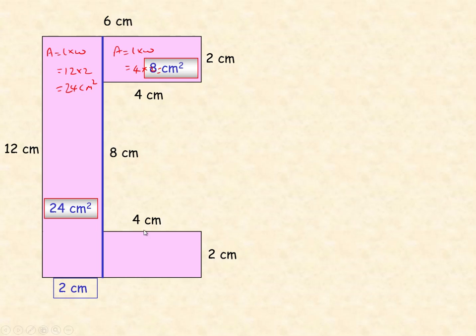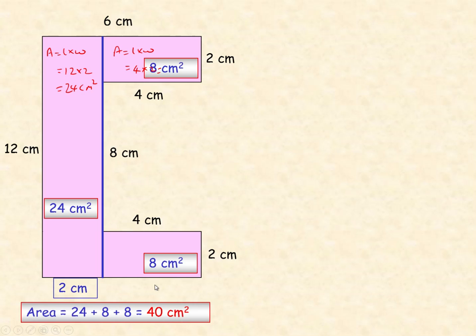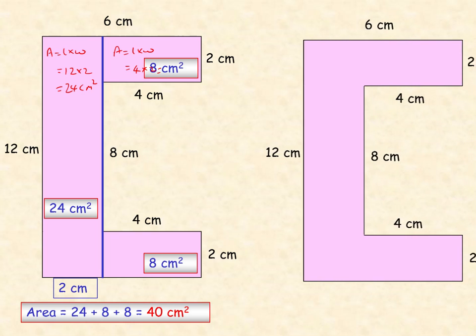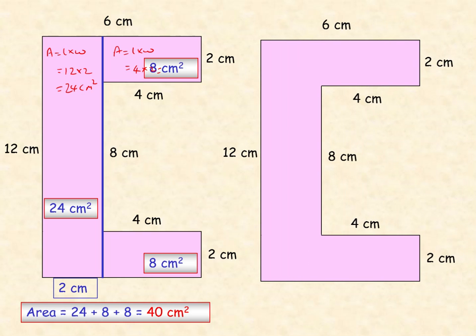And on the bottom here, we've got a similar sort of thing. So we've got 4 by 2 again, which is 8 centimeters. So if I add all three, 8 plus 24 is 32, plus another 8, it gives us 40 centimeters squared. And that's because we split it that way. Now, just to check, if we split it in a slightly different way, would the area be the same? Let's have a go.